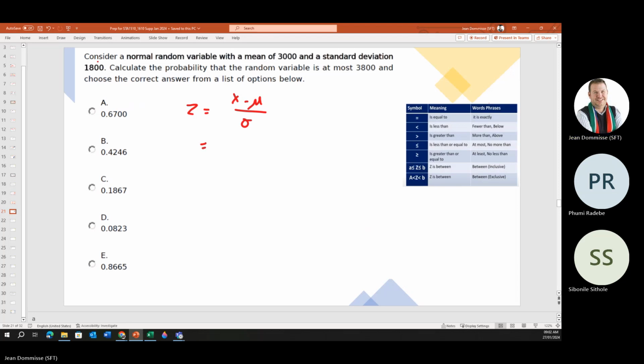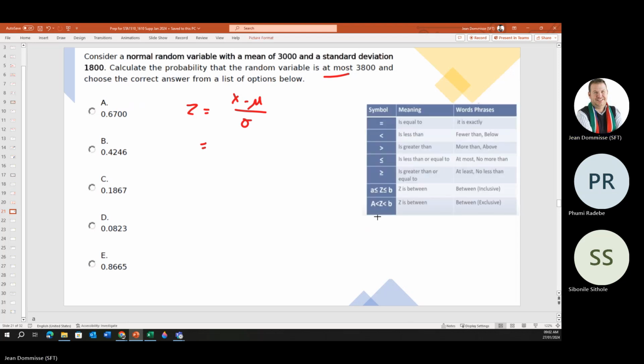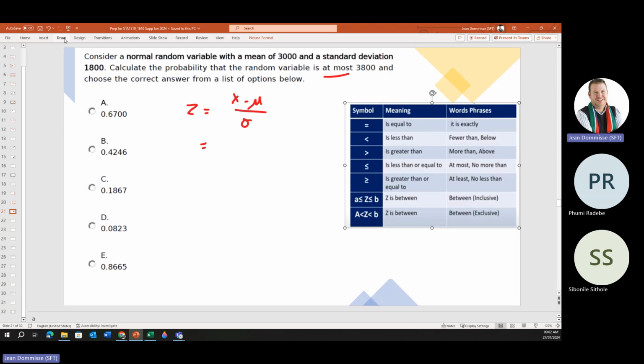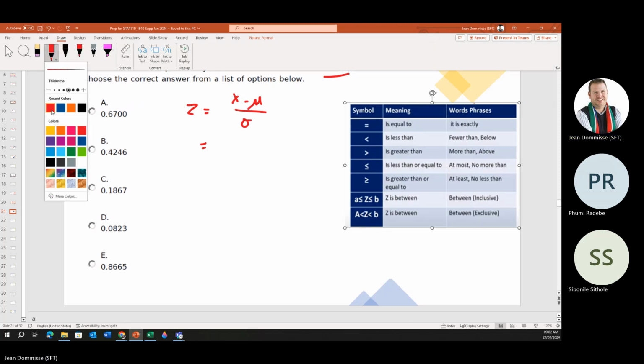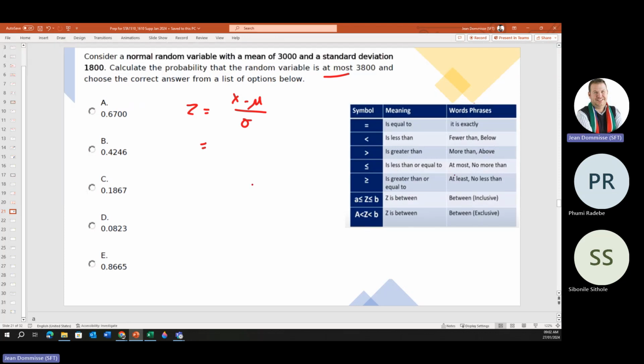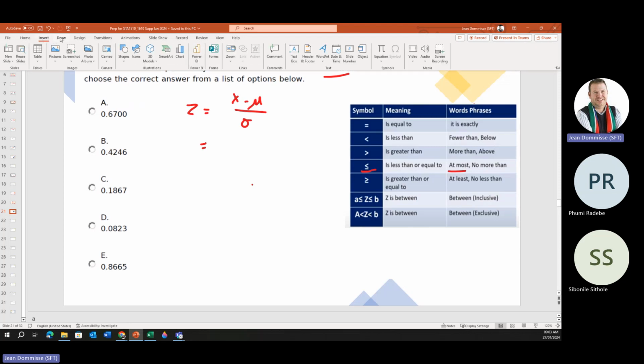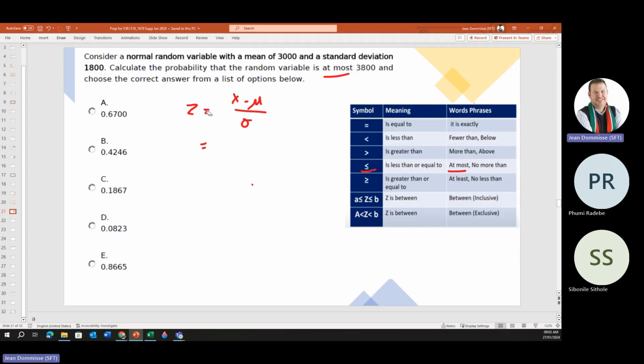So consider normal random, calculate the probability that the random sample is at most. Okay, so let's again, please use this table, because sometimes I also need to understand what at most is. Okay, so we can nearly change this, and let's do it from the start.